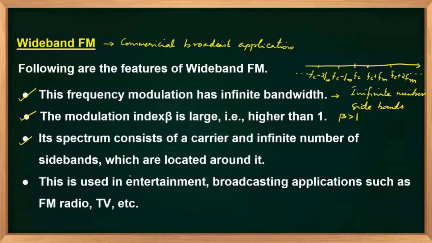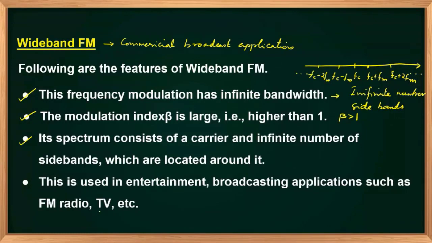Upper sidebands are located above FC, lower sidebands are located below FC. So there will be an infinite number of sidebands. That is why its bandwidth is infinity in the ideal case. This is used in entertainment broadcasting applications such as FM radio.